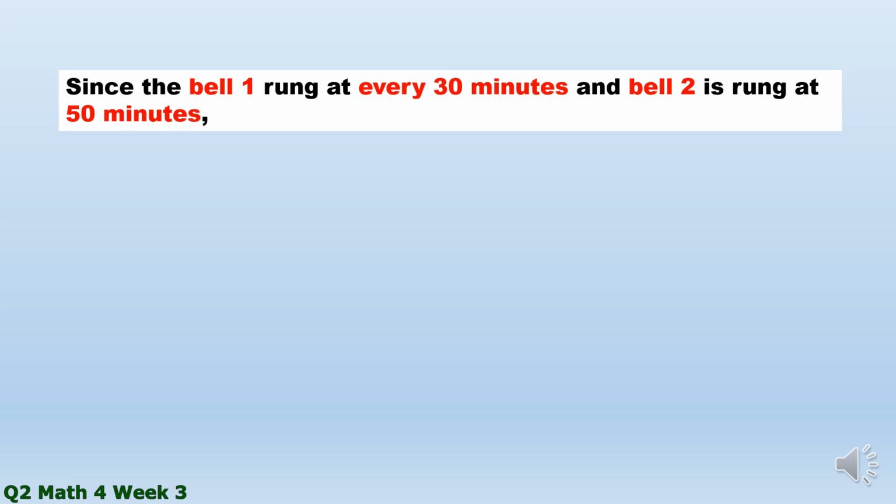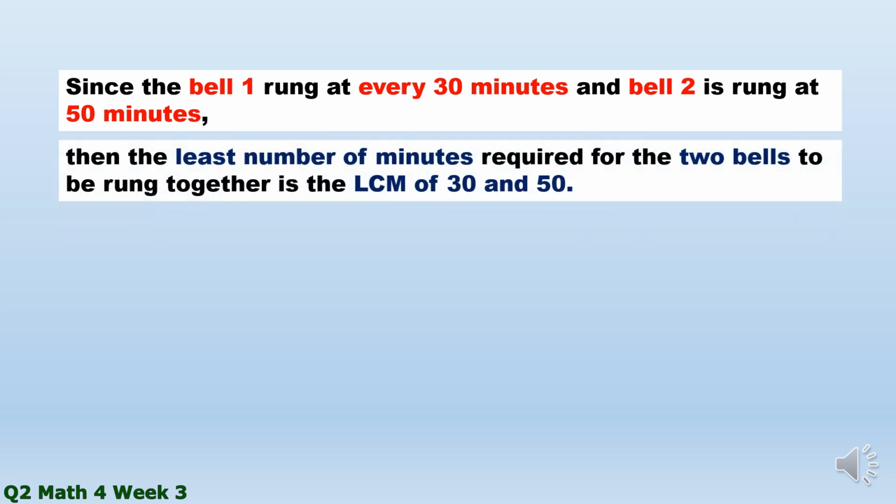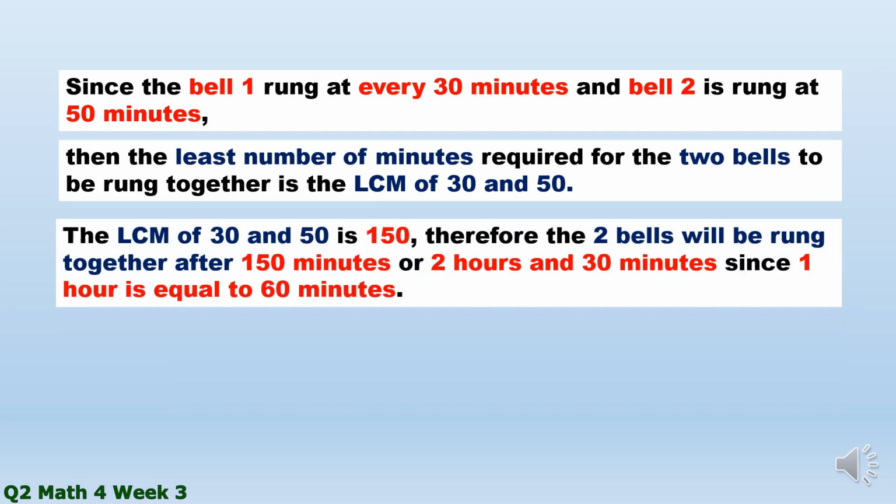Since bell 1 rang every 30 minutes and bell 2 rang every 50 minutes, then the least number of minutes required for the 2 bells to be rung together is the LCM of 30 and 50. The LCM of 30 and 50 is 150.